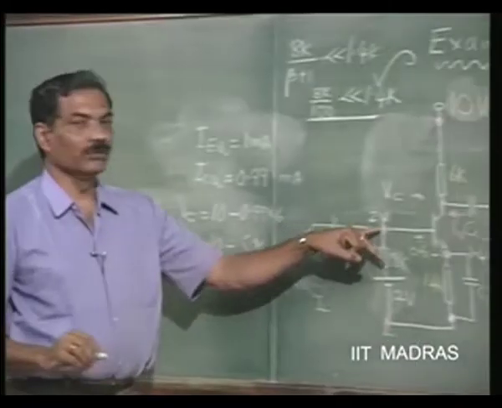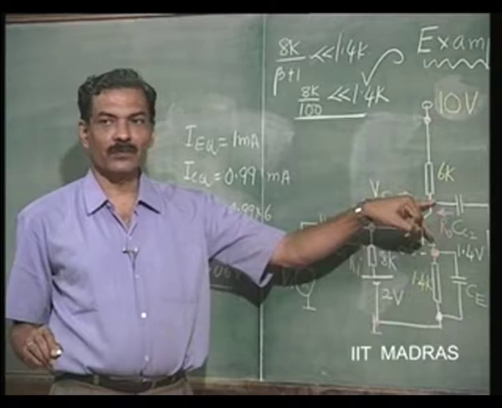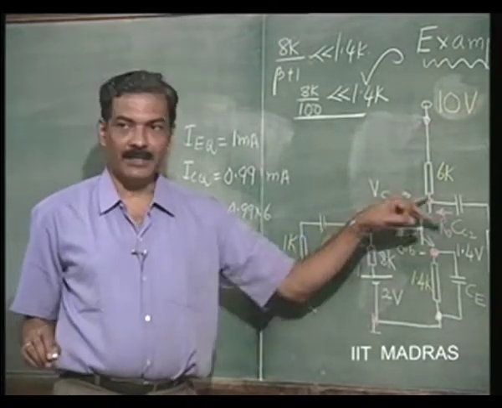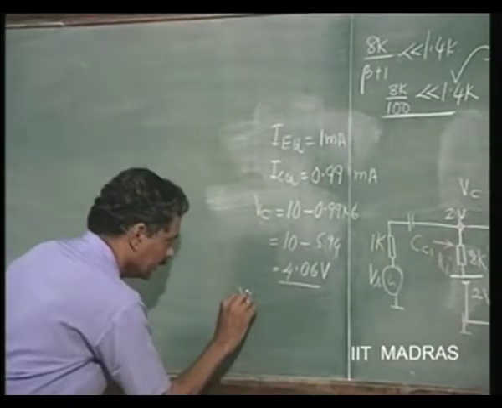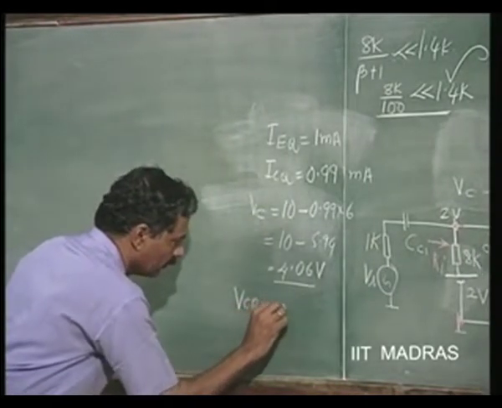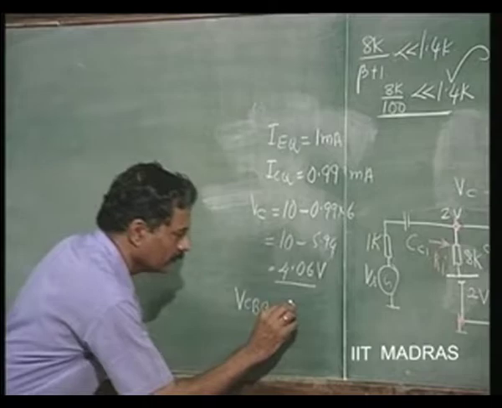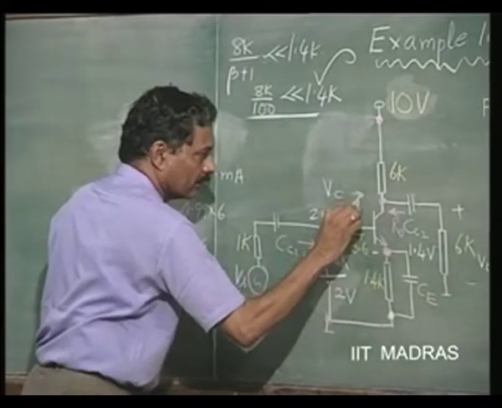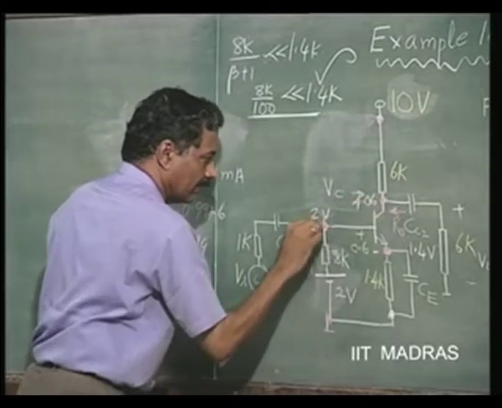So, this is at 2 volts, this is at 4.06 volts. So, VCBQ is going to be equal to 4.06 minus 2.